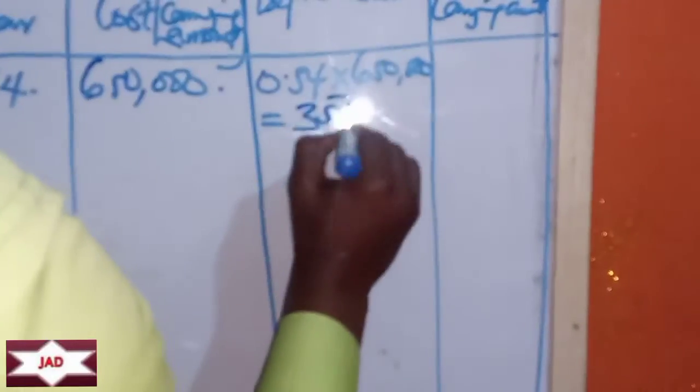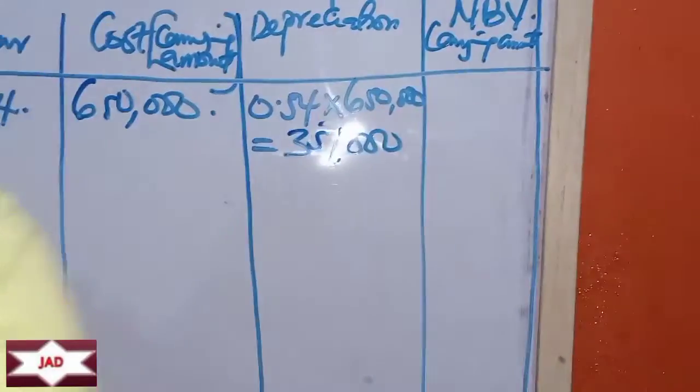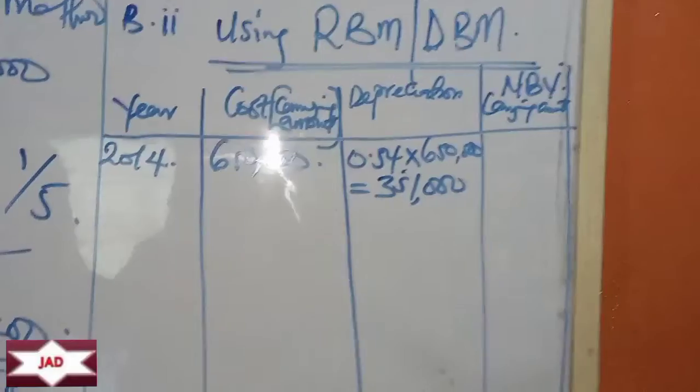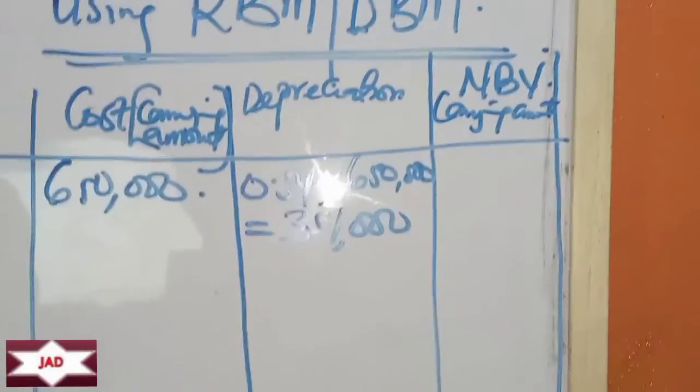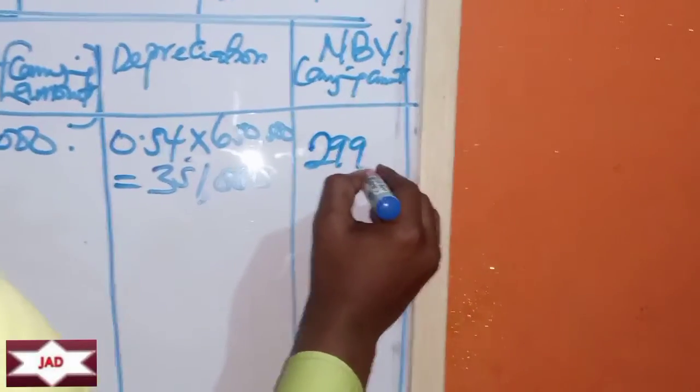So this would give us 351,000. That's depreciation. So if you take this from this, that will be 650,000 minus 351,000. That will be 299,000.